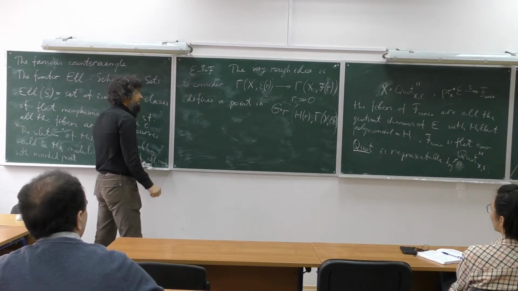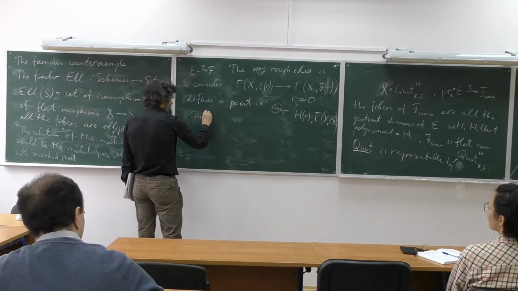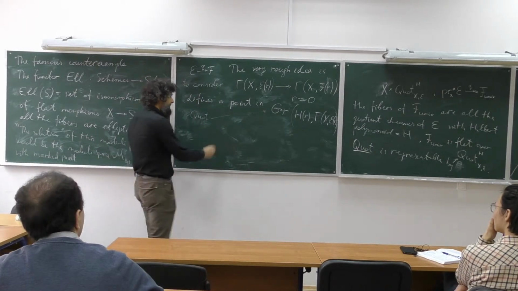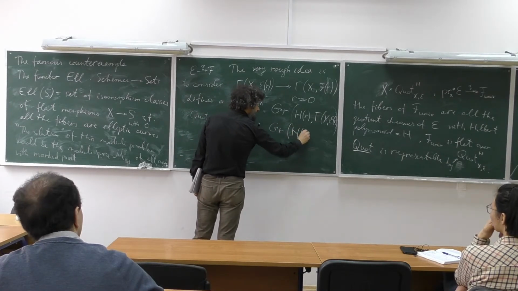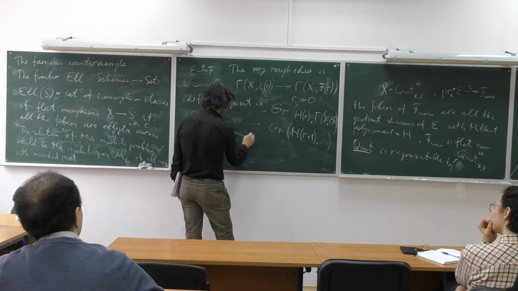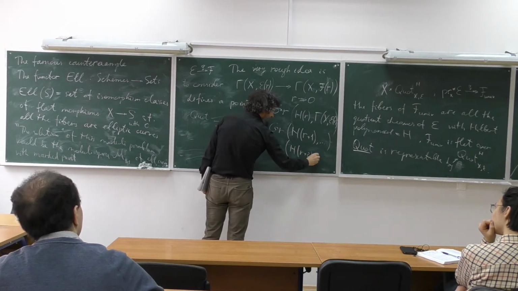Okay, so we don't know yet what scheme exists, but at least there is a morphism like this. And also there is a morphism like this when you increase h. And so on.